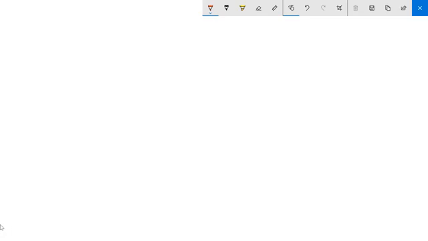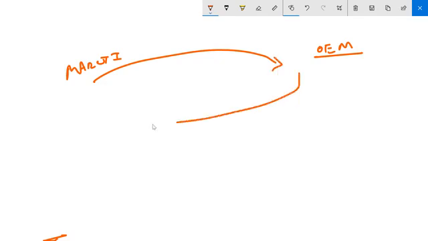In the production line, they will not place any order. Let's say you take Maruti as an automobile company and some piston manufacturing OEM, original equipment manufacturer. They will not place an order to the OEM saying, send me some 10,000 pistons.